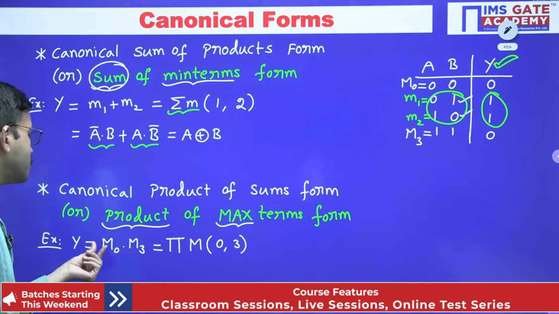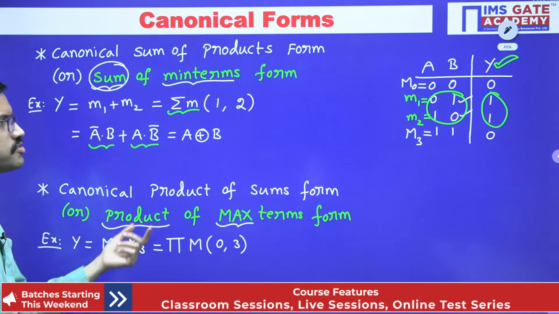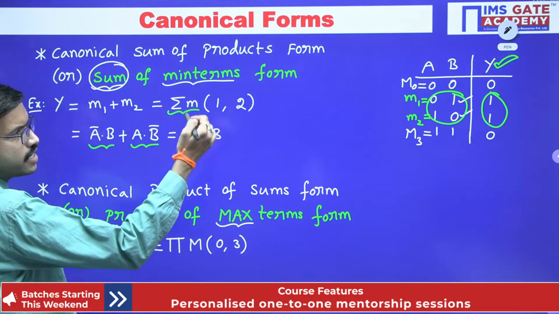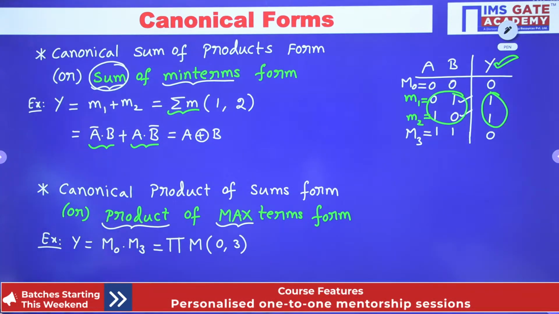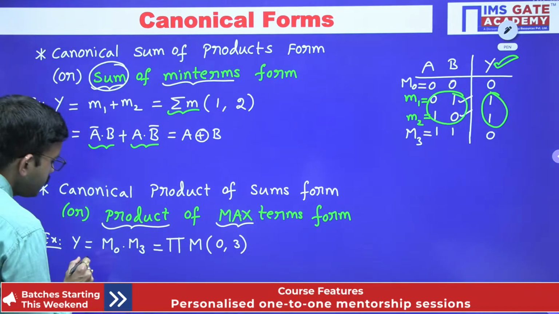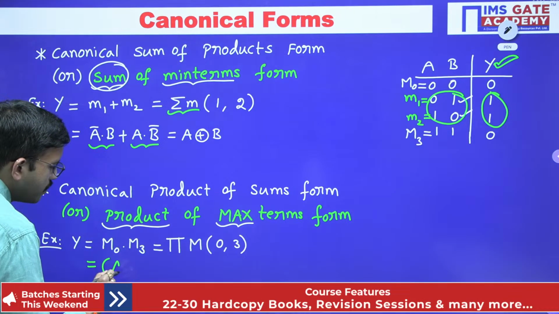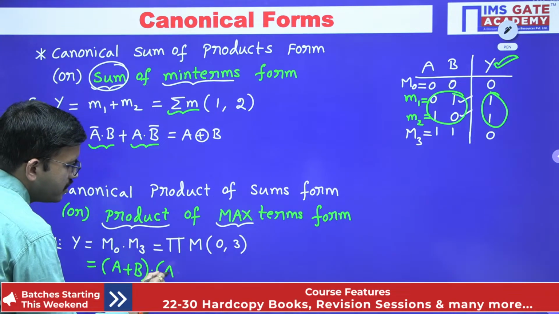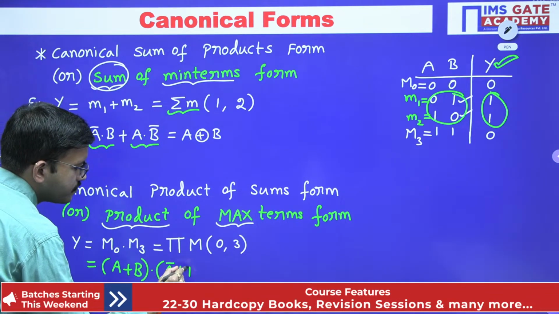Now you can represent these max terms in terms of the variables. Can you tell what is M0 and what is M3 in terms of A and B? All of you quickly respond. M0 is nothing but A plus B and M3 is nothing but A bar plus B bar.